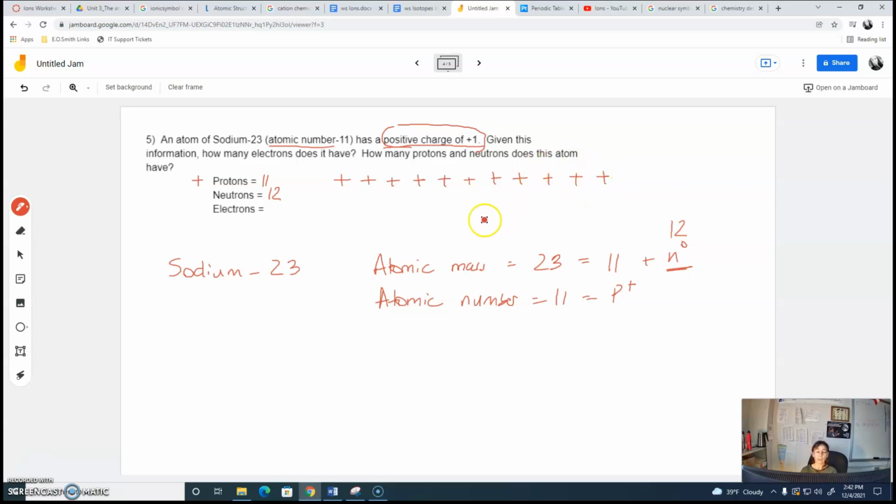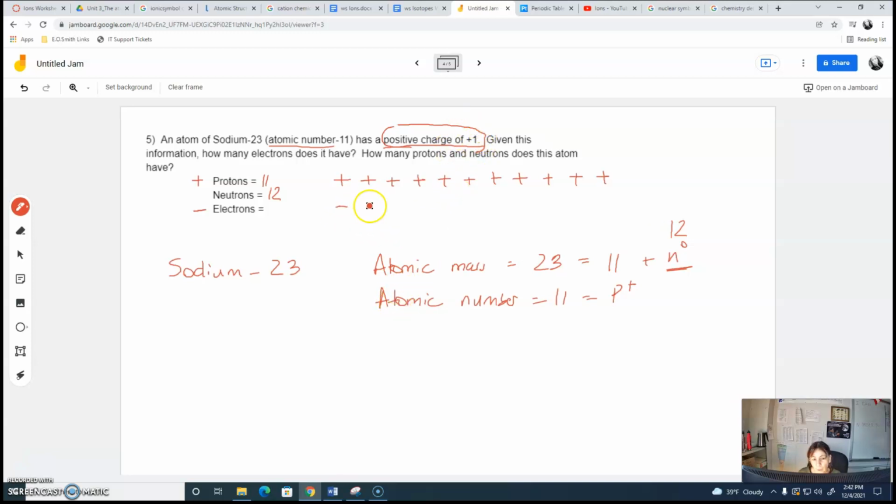And this is going back to the ions. If you need to review that, please go back to that worksheet and that video. Electrons, I know they are negative. And so how many electrons do I need to put so that I end up with an overall net charge of +1?